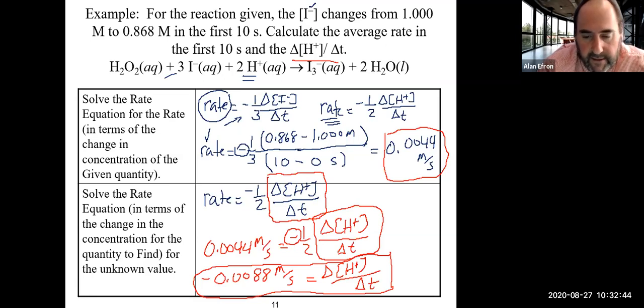So those are very common things. As it says up there, we were actually looking for the change in concentration of H plus over the change in time. If you were looking for just the change in concentration at that point, you would obviously multiply it by 10, and that would give you just the concentration part.